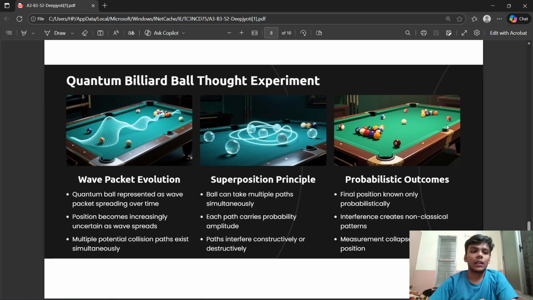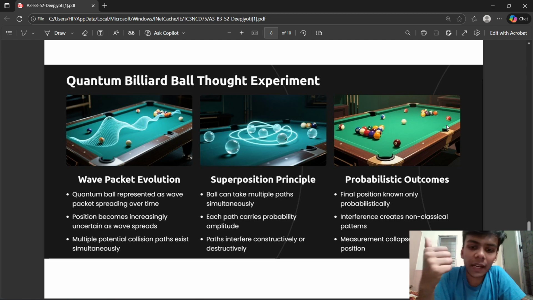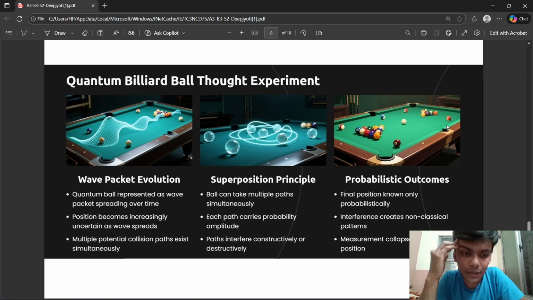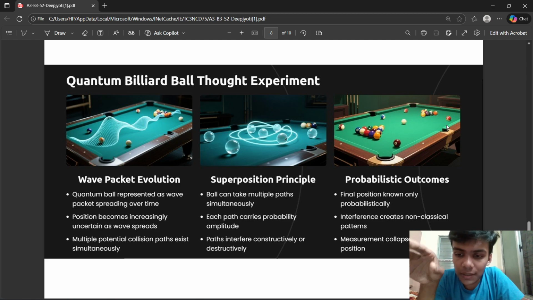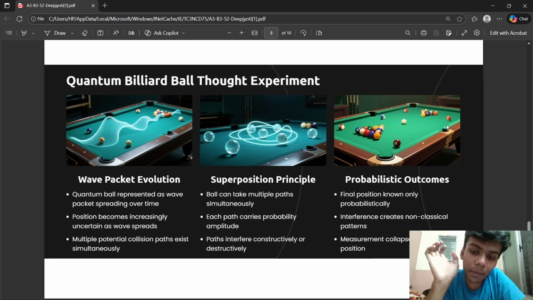Now, the quantum billiard ball experiment. It has three parts: wave packet evolution, superposition principle, and probabilistic outcome, as you can see on the screen. The quantum ball is represented as a wave packet spreading over time. Superposition: the particle can have multiple paths simultaneously, while in the probabilistic outcome the final position is known only probabilistically.